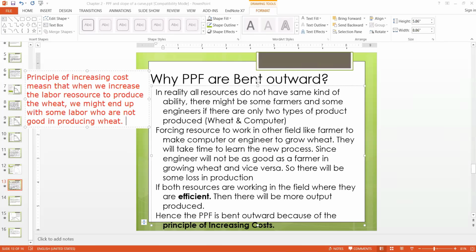So what will happen there? Their cost of hiring is higher than their benefit of hiring.